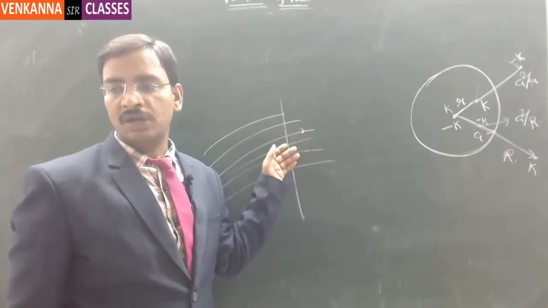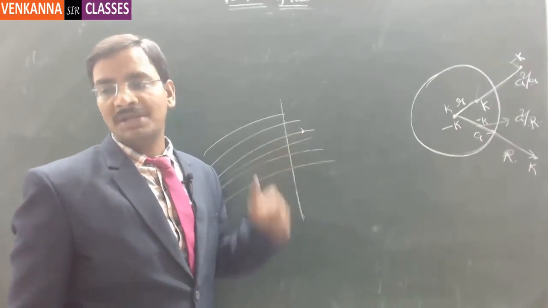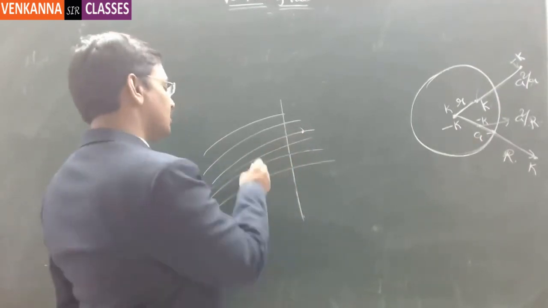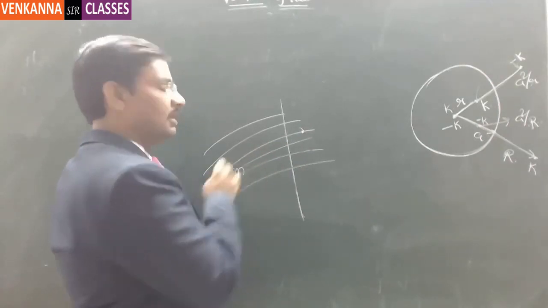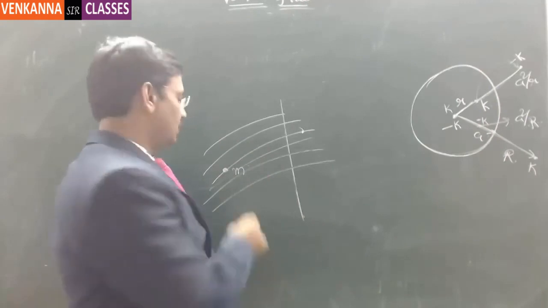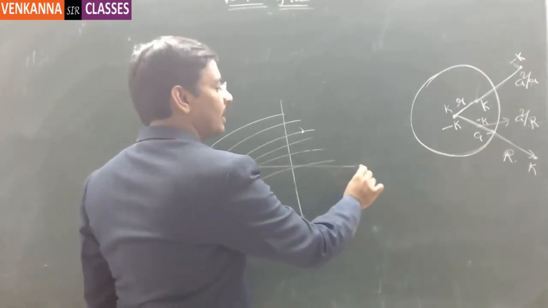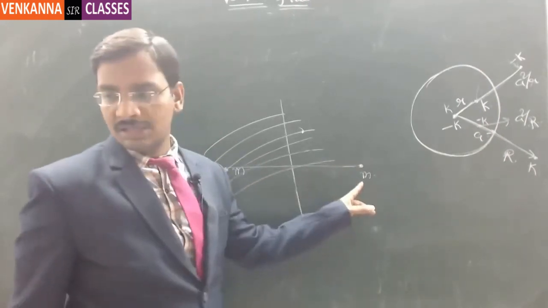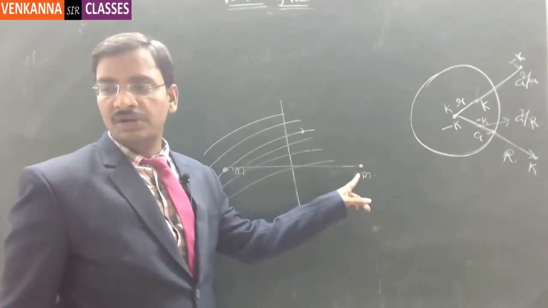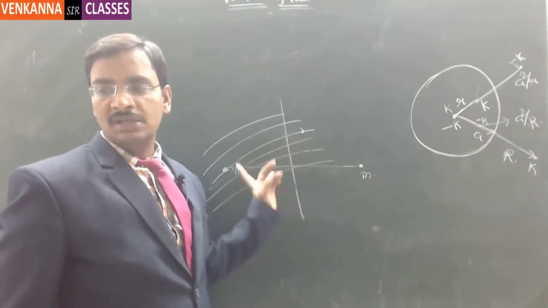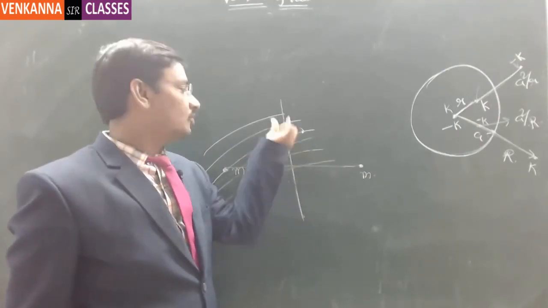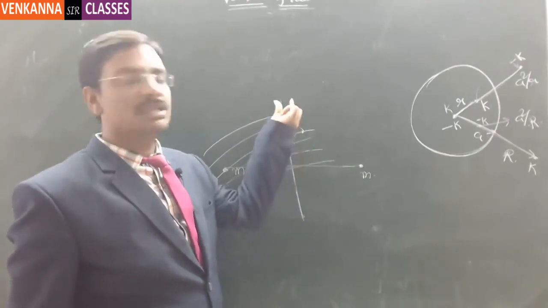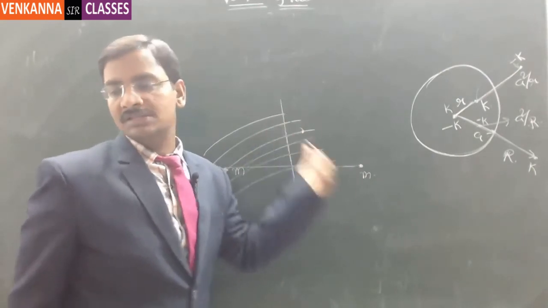For that, we are putting in an image system. Suppose this fluid flow is just because of the presence of a source of magnitude m here, then you have to assure that there is one more source of magnitude plus m on the other side, so that this also will try to push the water like this. Both together ensure that the fluid flow will not cross this particular wall.